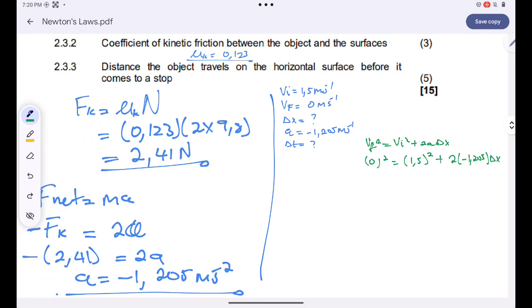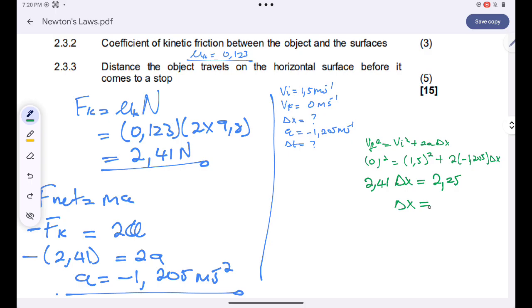Okay, and then 2 multiplied by 1.205 will simply give me 2.4, right? Negative 2.4. When I take it to the other side, it will be positive. I'll have positive 2.41 multiplied by delta x is equal to 1.5 squared, which is just 2.25.